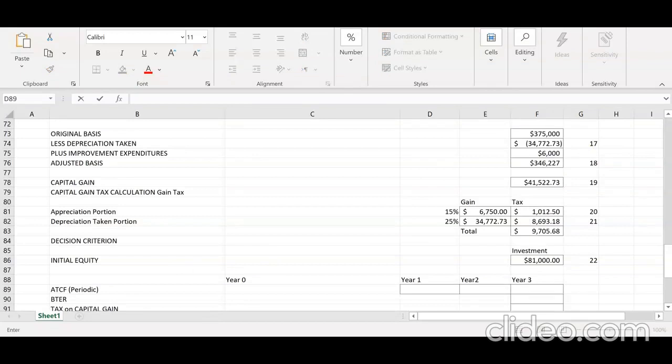After tax cash flow periodic, I am going to the first year and have the previous assumption.